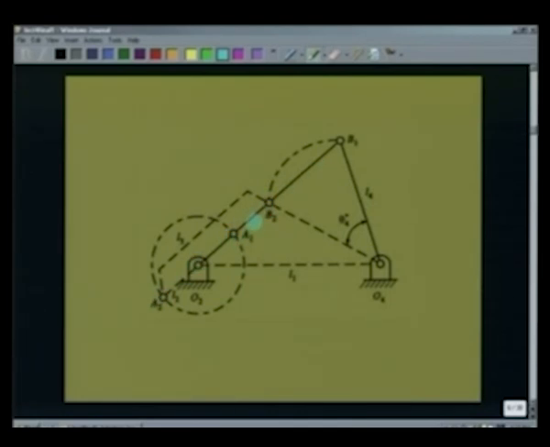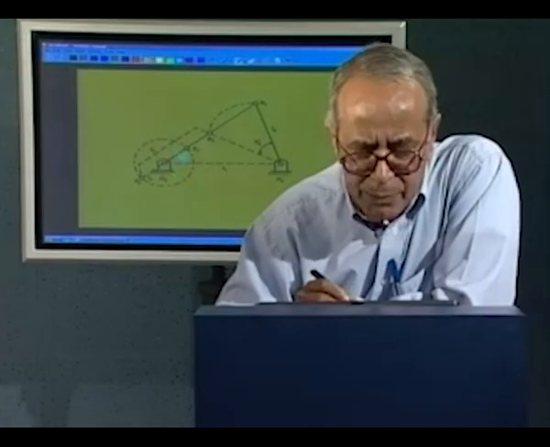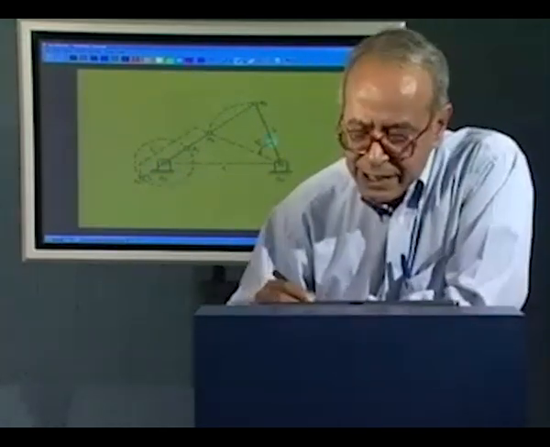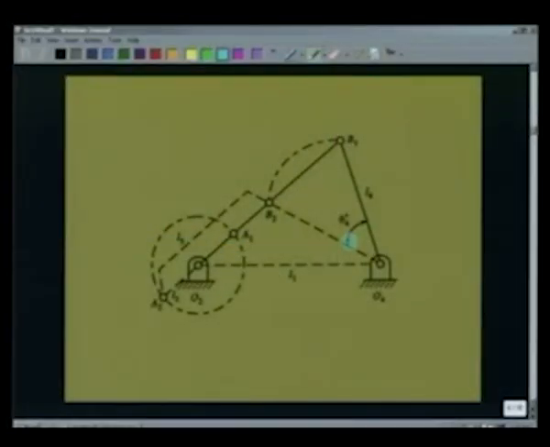The angle between them, in one case is 0 degree, in the other case it is 180 degree. So, for this configuration, as we see, the angle between O2A1 and O2A2 is pi. That means there is no quick return. It takes pi amount of rotation of the crank for the forward motion and again another pi amount of rotation for the return motion. And this theta 4 star gives you the swing angle of the rocker.